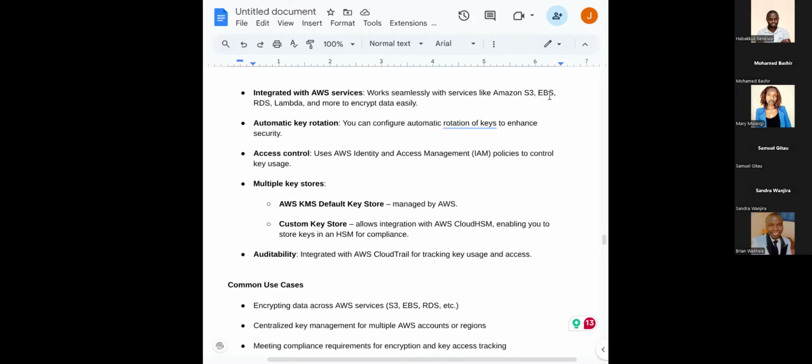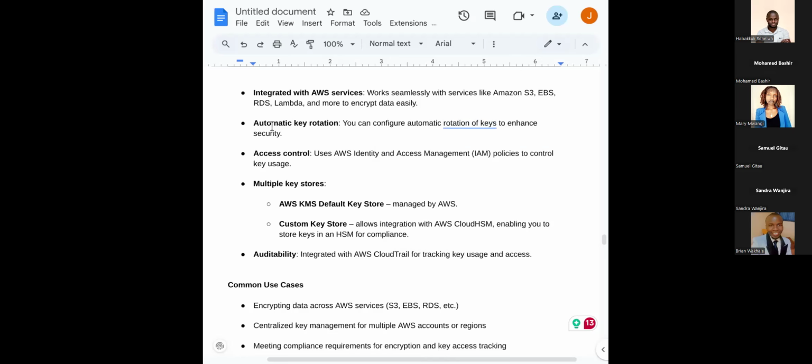EBS, remember, we said that this is a storage for EC2 instances. You can use it on RDS. RDS is Relational Database Service. You can use it with Lambda. Lambda is a serverless computing service. You're going to interact with it, and other services, even ECS.